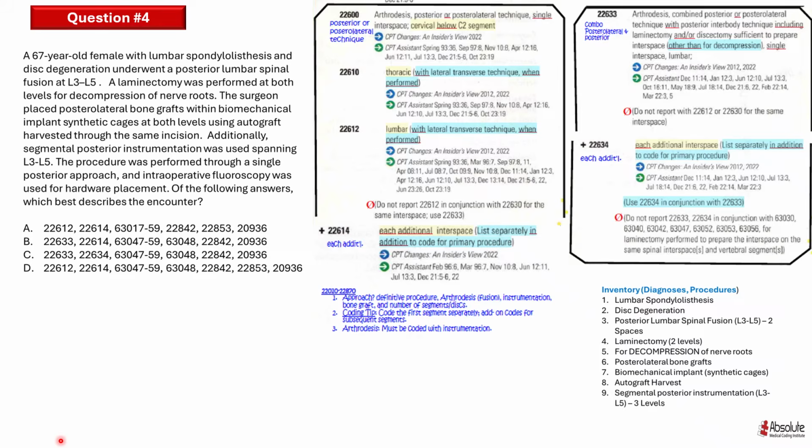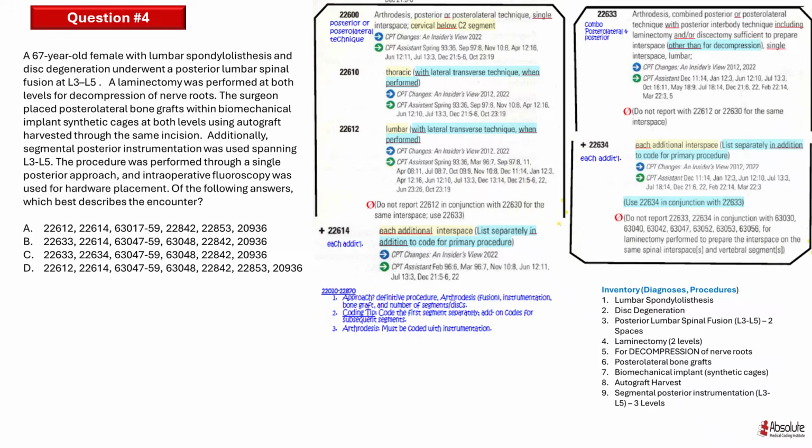So my intention is to eliminate 2. So when you figure out which one is incorrect, which code, is it 22612 or 22613, then you've eliminated 2. And then we can get to work.